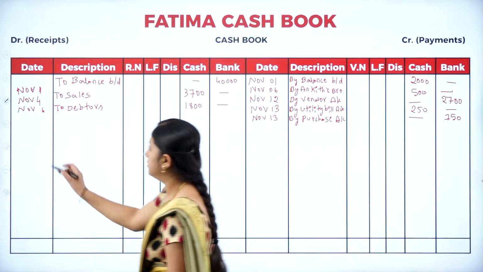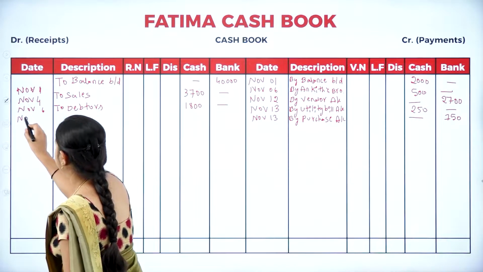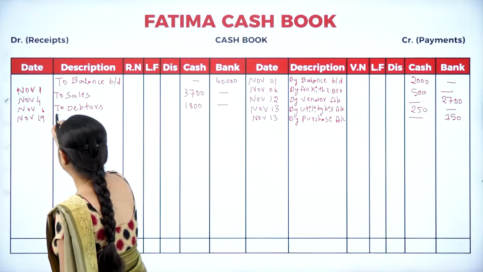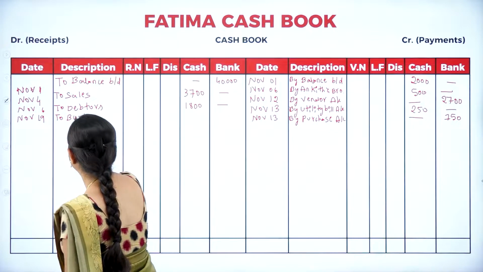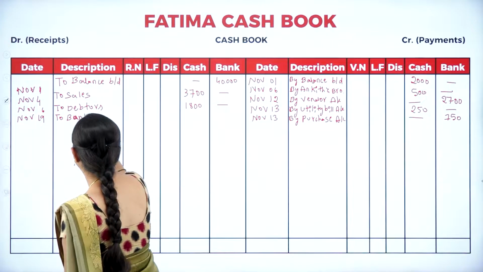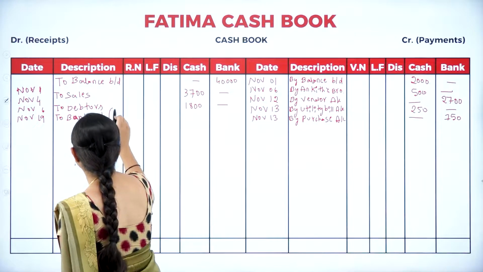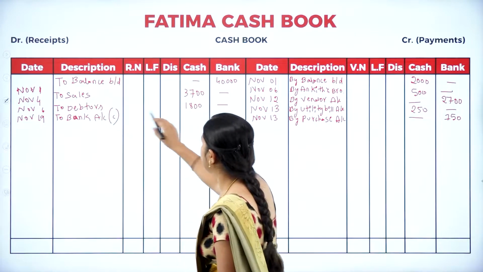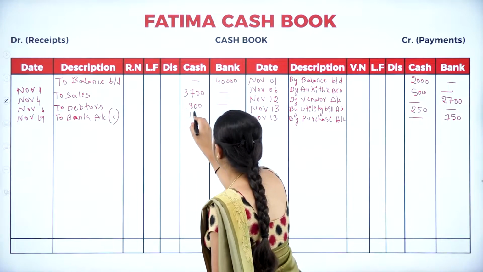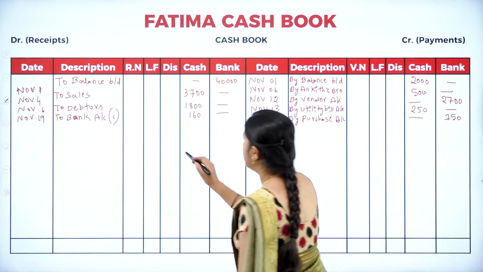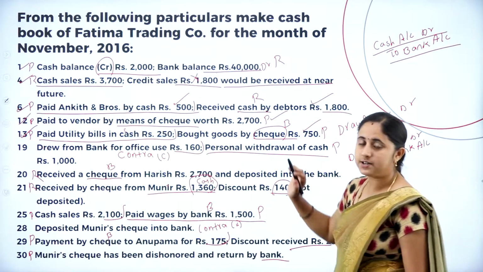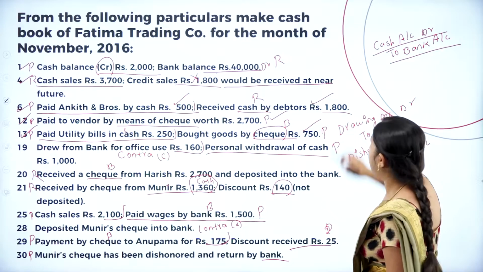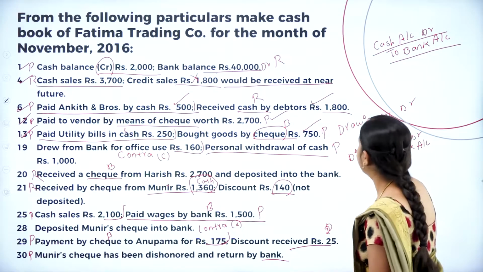November 19, to bank account, within bracket write C, that means contra entry, amount in cash column 160. Next, consider bank. Bank is credited, so write in the credit side by cash account, amount in bank column.